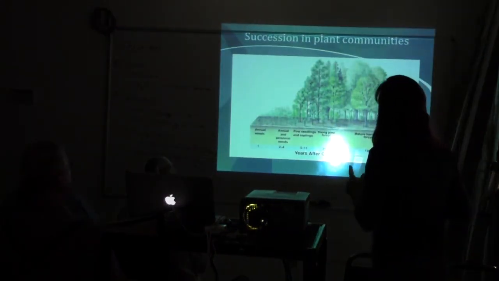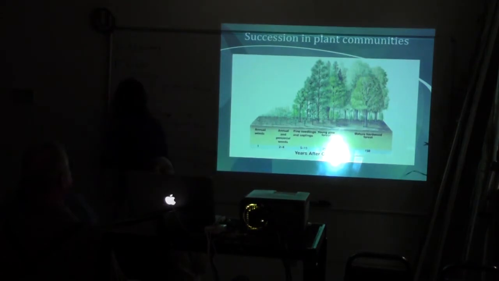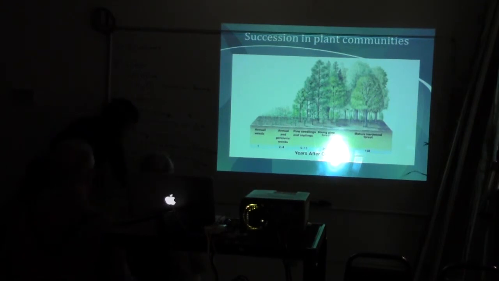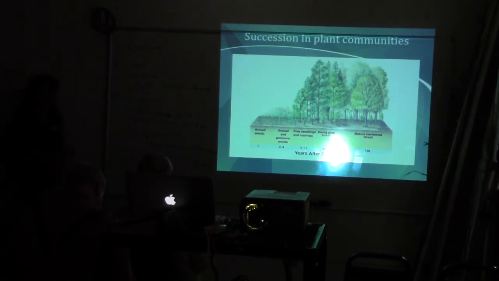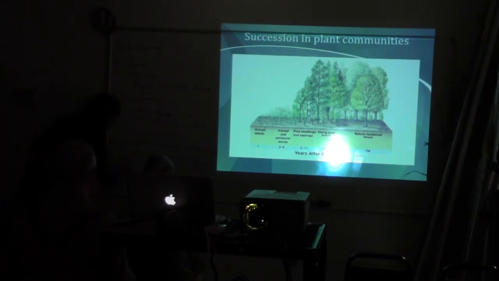Most of the time, we're dealing with this. This is secondary succession. Secondary succession is what happens to an area when all of the vegetation is removed, but the soil stays.